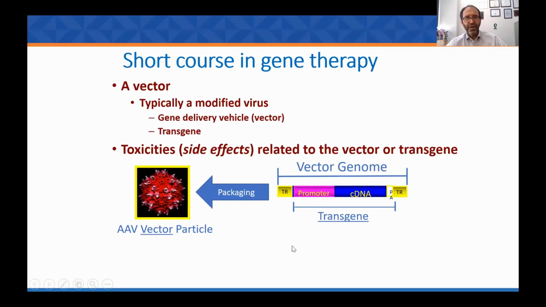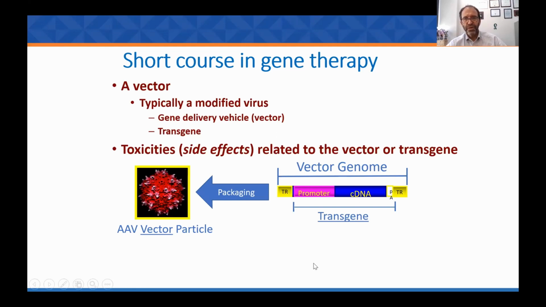I know that most of you are familiar, but just a brief background on AAV vector-mediated gene therapy. A vector is a modified virus like an AAV. It's a gene delivery vehicle. It carries something called a transgene to make a protein like GAA to treat Pompe disease.